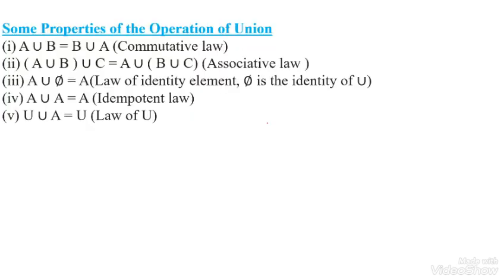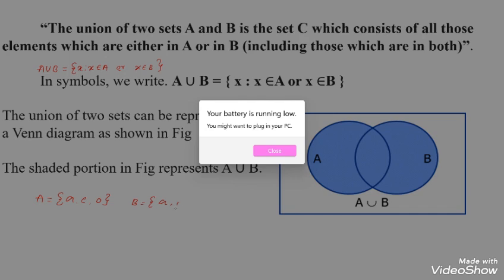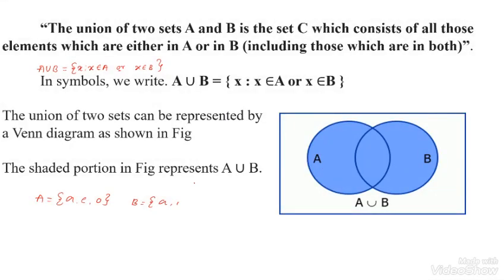Okay. Now, for this representation, I will take one example here. Let A be a set containing the elements A, E, O and B containing A, I, O. Now, I can write the elements here.